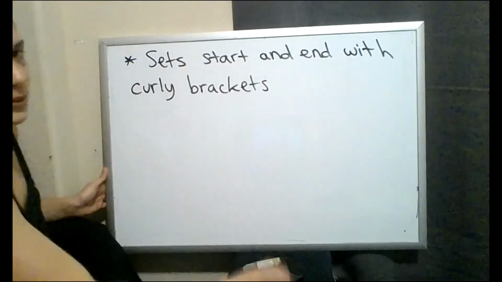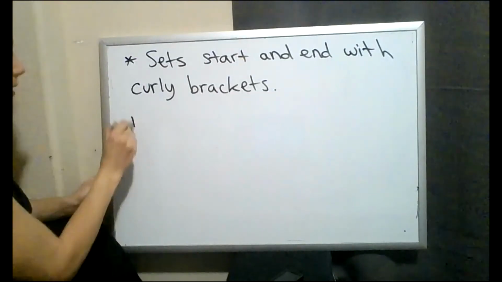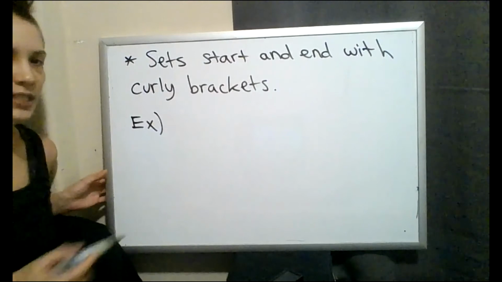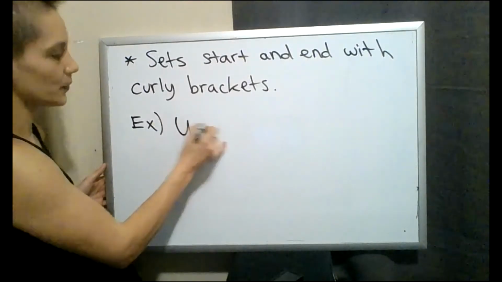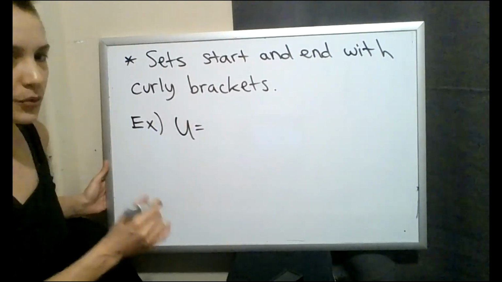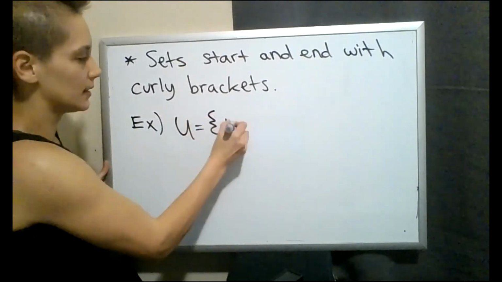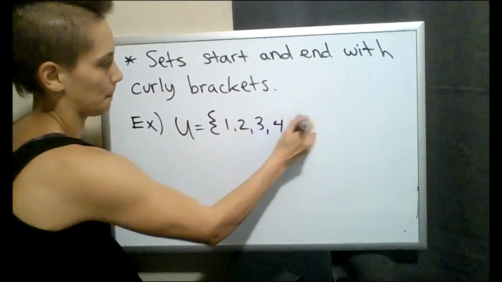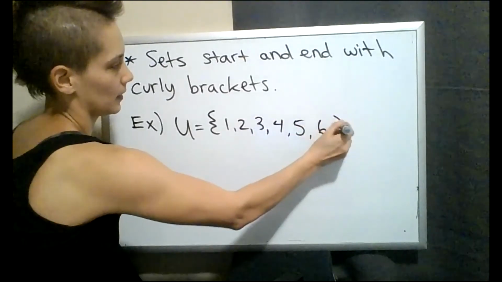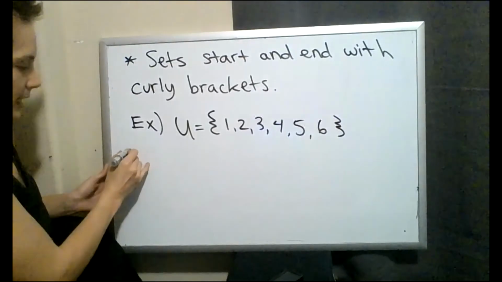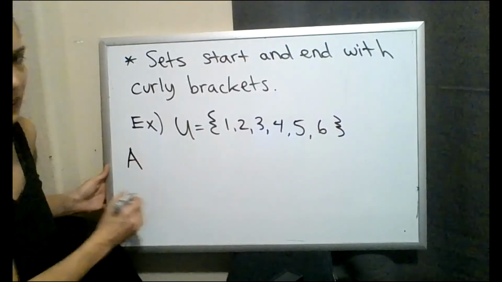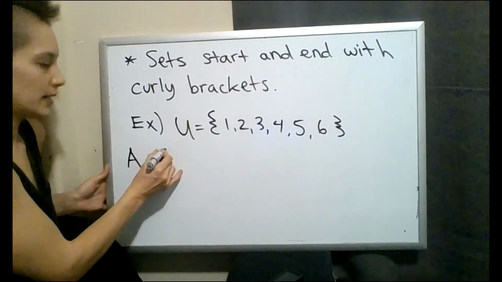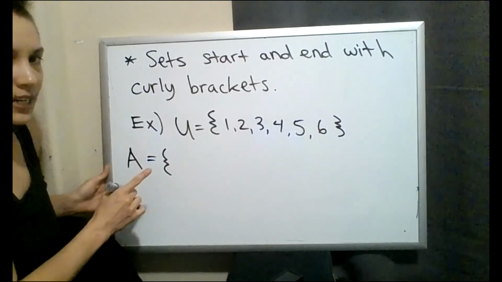All right, let's go into an example. So here is the first example with the universal set, capital U, which contains 1 through 6. And A is a subset of U. The set containment is to start with a curly bracket with the elements inside.